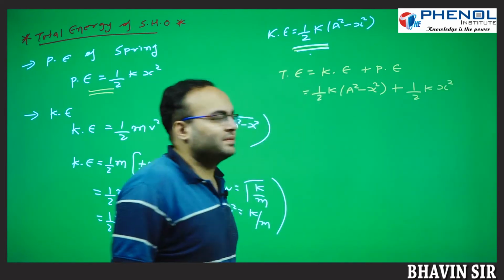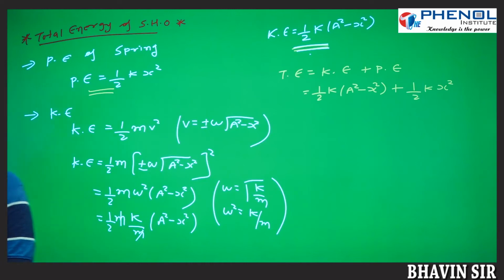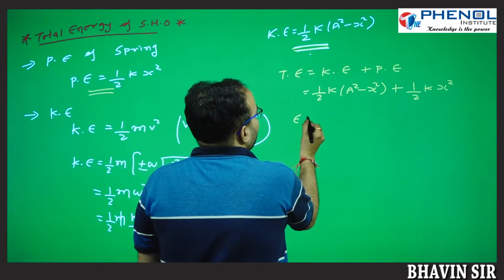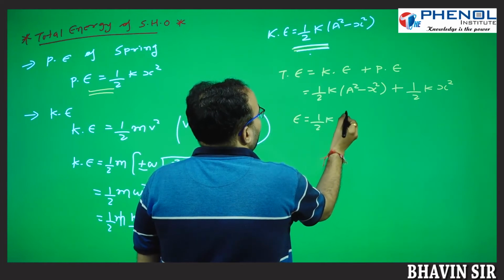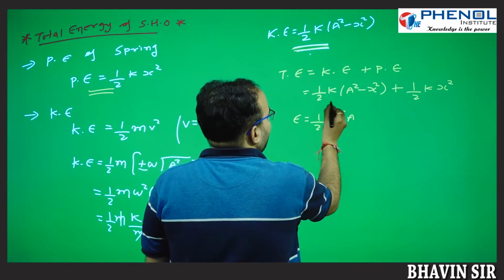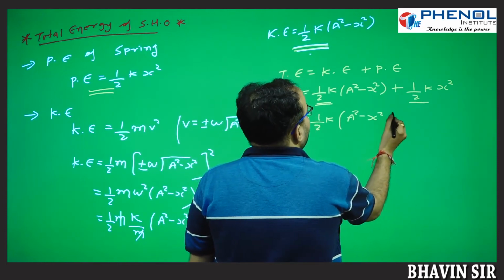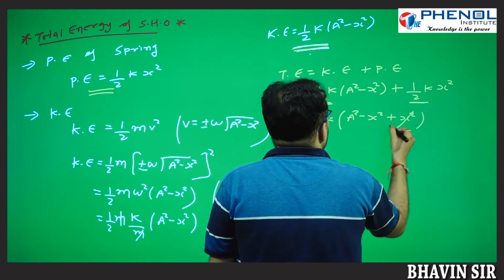Half k is common, so a square minus x square plus x square cancel.